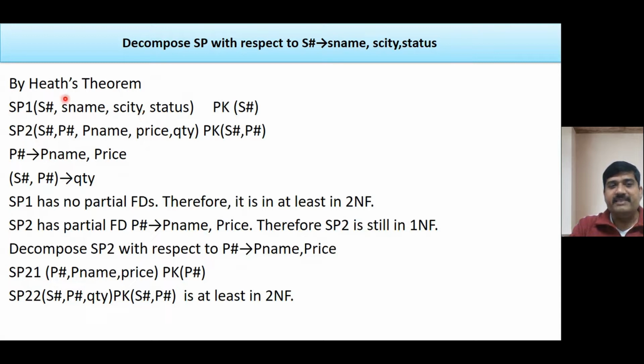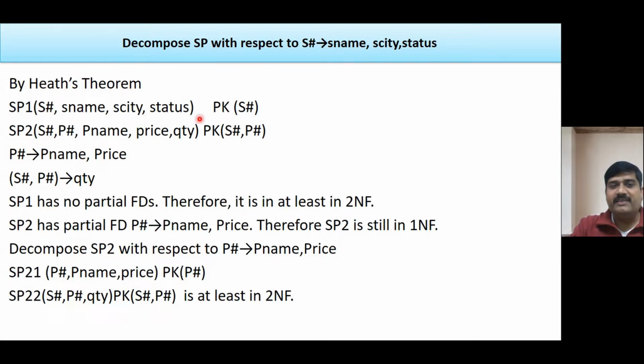So the functional dependencies, S number determines S name, S city, and S city determines status, are with this table, and the rest of the functional dependencies, P number determines P name, price, and S number, P number determines quantity, are with this SP2 table. Now see, in the SP1 table, S number is a candidate key.